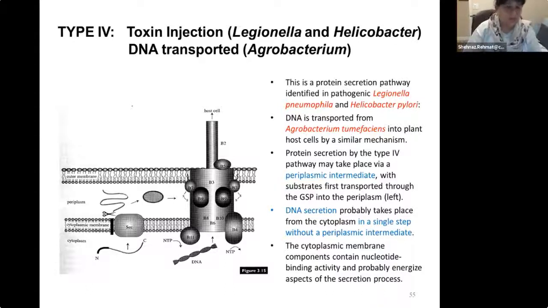The Ti plasmid will be transported across from the Agrobacterium into the plant. Definitely there will be some similarities and some differences. If you're looking at what's happening here, it is being modeled in this picture for you. The SEC system operates in the cytoplasmic membrane.